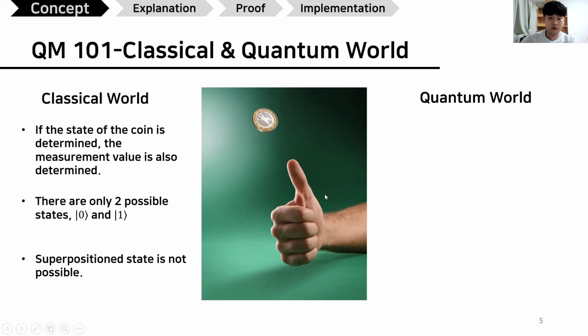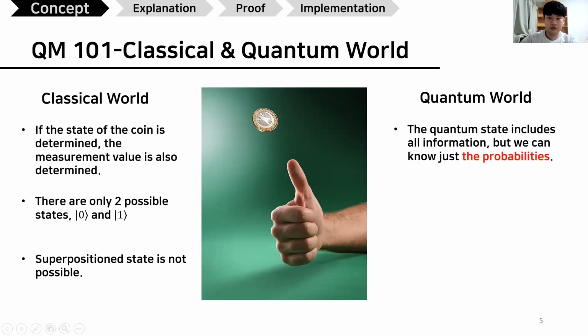However, in the quantum world, the quantum state includes the information, but we can know just the probabilities. I write the probability in red text because this is a very important concept in quantum mechanics. Therefore, a superposition state can exist like that: (|0> + |1>)/√2.